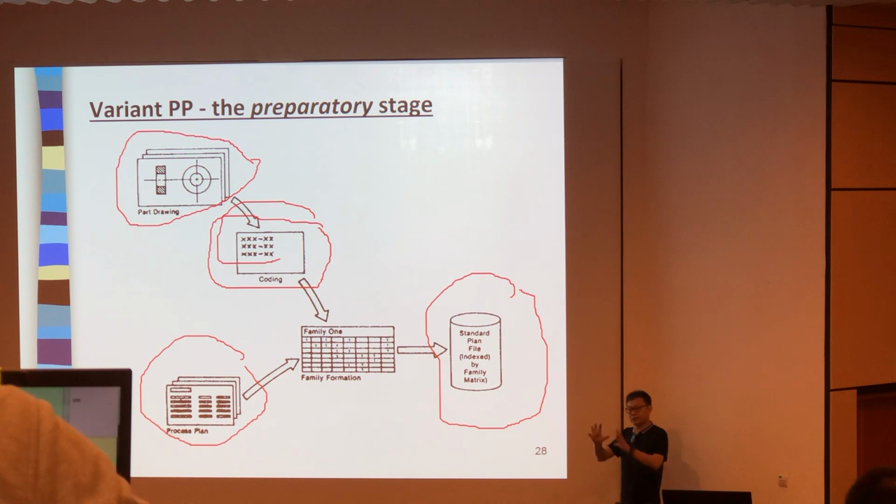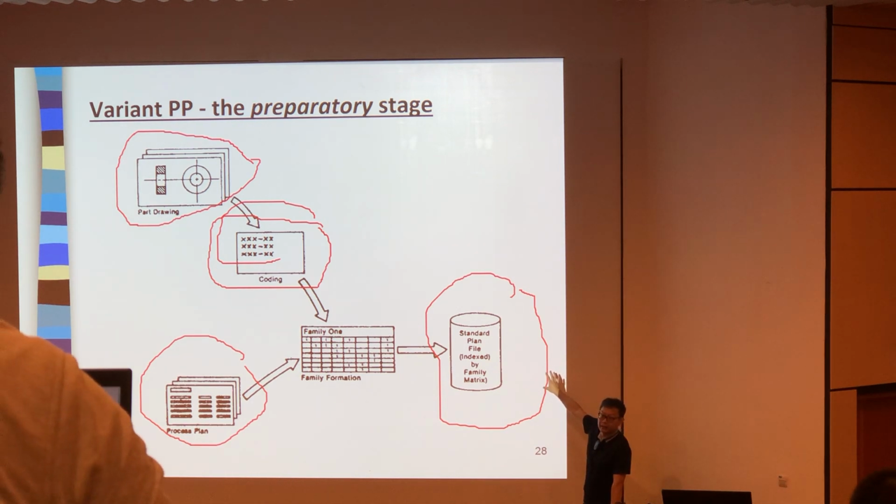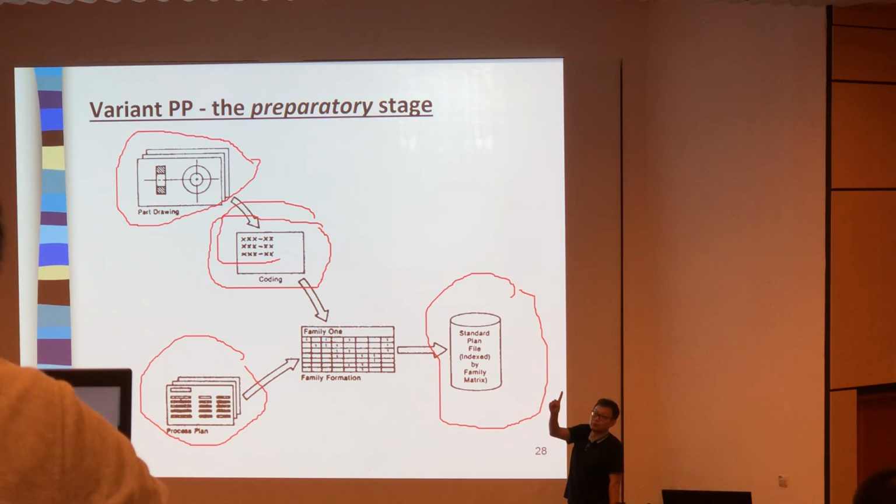What we do is, after we finish the whole process and generate the process plan, we do not stop there. We try to update this system by adding another part family. So at least the new part family has a new member, one member, with its process plan as the standard plan.